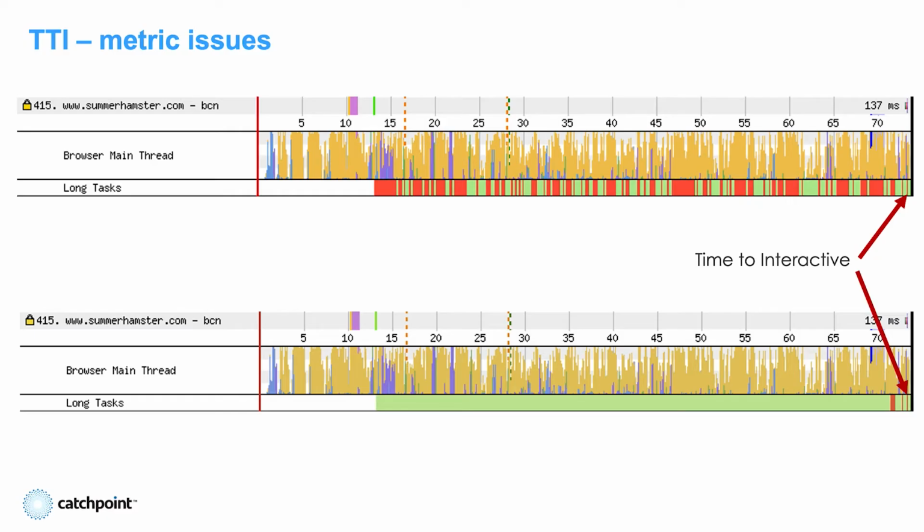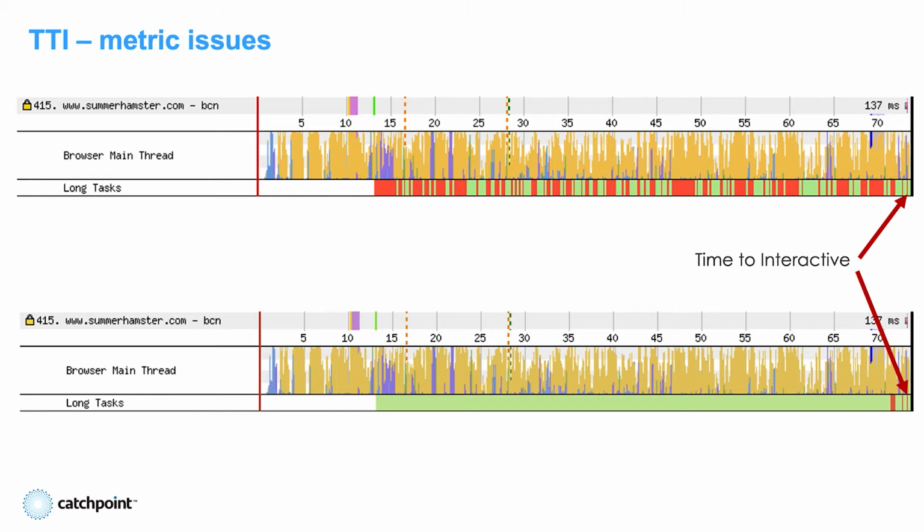So it would include start render, the main content loading, and all of the application code loading up. But it also had a fairly big Achilles heel in that it was measuring the last long task that would execute after all of the application code was running and being hooked up. And so you'd have the same time to interactive whether, in the first case we saw, it was really janky for the 60 or 70 seconds after the main content displayed, and it would have a time to interactive right around 75 seconds.